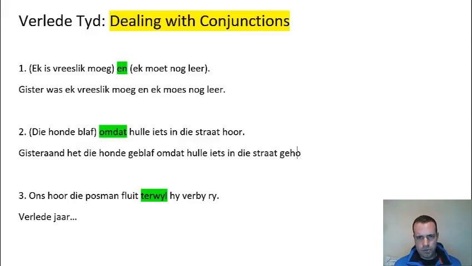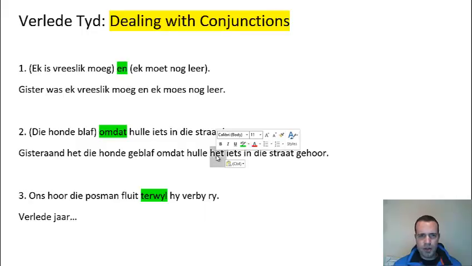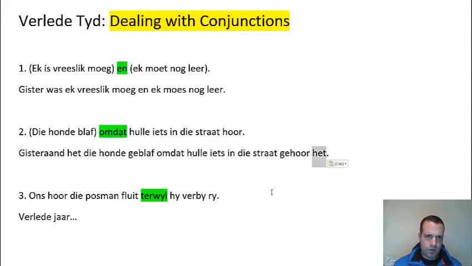Ge on your verb and a het there. Normally the het would sit over there. Okay, hulle het iets in die straat gehoor. But now the het can't be there because omdat is a group 3 conjunction. So the het has to move to the end of the sentence.